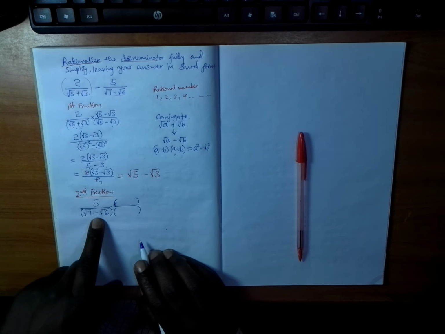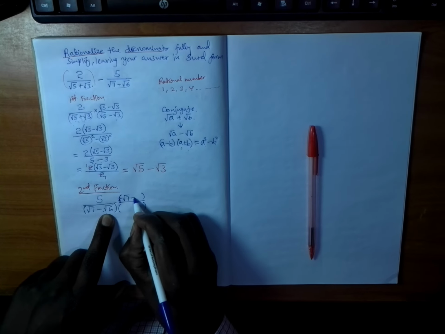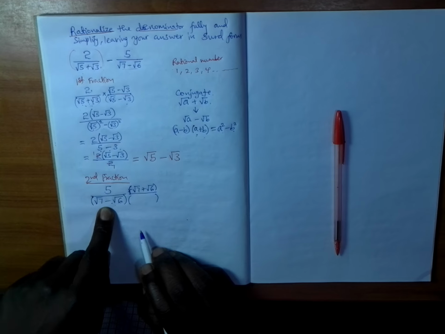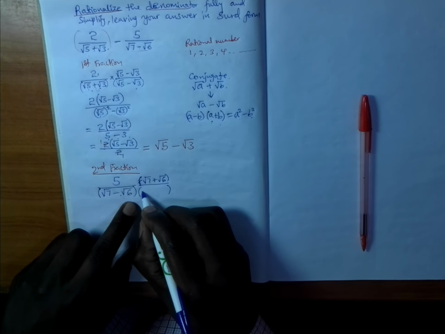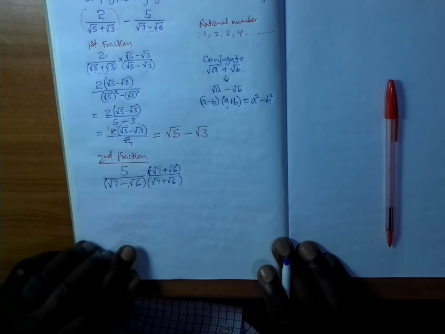And therefore the conjugate of root 7 minus root 6 is root 7 plus root 6. Change the sign. Again, we multiply the denominator by the conjugate root 7 plus root 6.